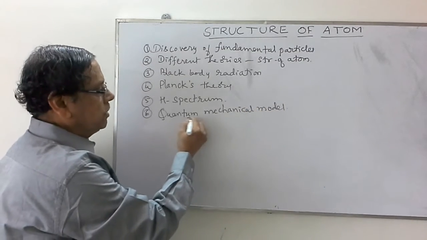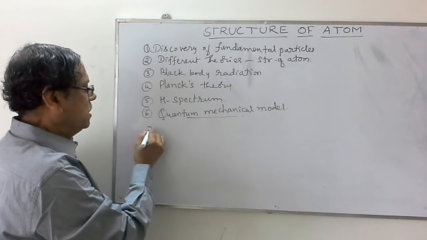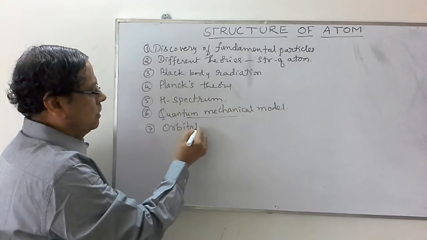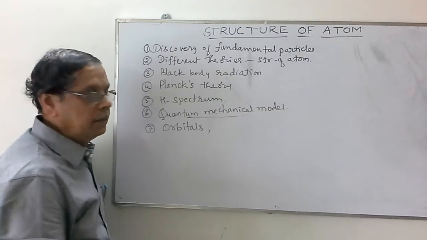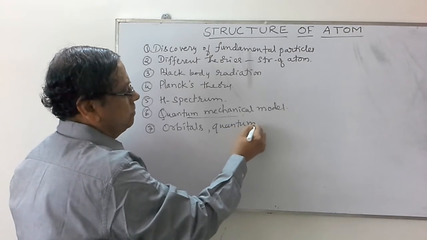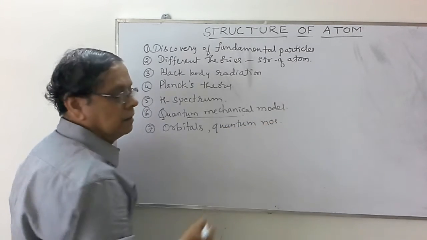Once we study this quantum mechanical model, based on that one we study the orbitals, then the quantum numbers.